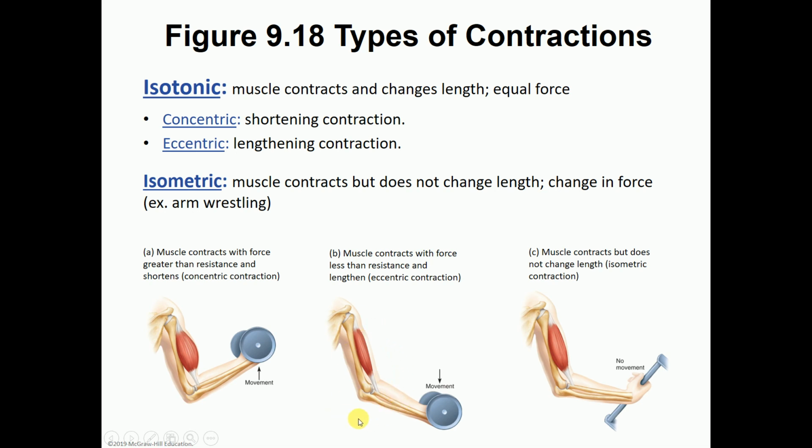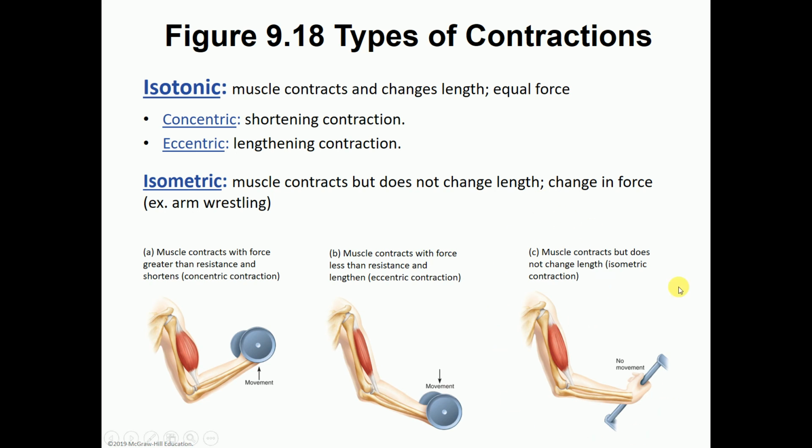In that kind of extension, you are definitely using the triceps to extend the elbow and the biceps to make sure that it is a gradual, smooth elbow extension. So in an eccentric contraction, you are going further away from the body.